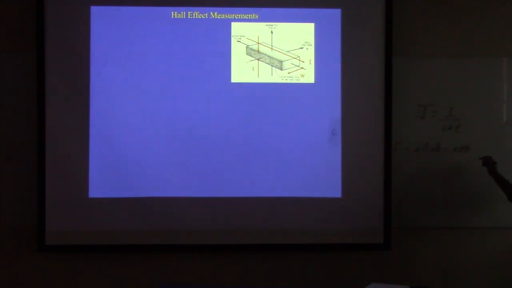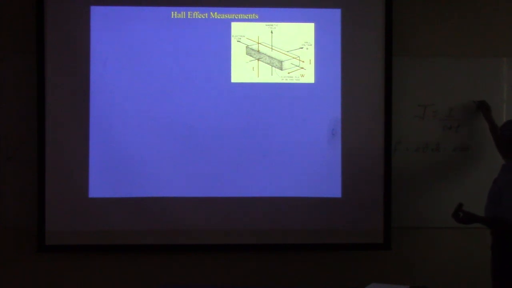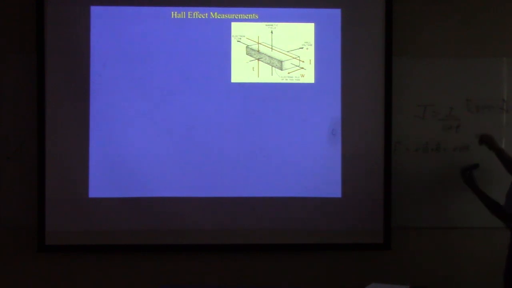So suppose that field, in this case actually, if you draw this way, that field is from this surface to this surface, right? Suppose that field we call E Hall, E_H, or corresponding voltage V Hall. But this is given as W, right? Everybody remember how to connect these two?